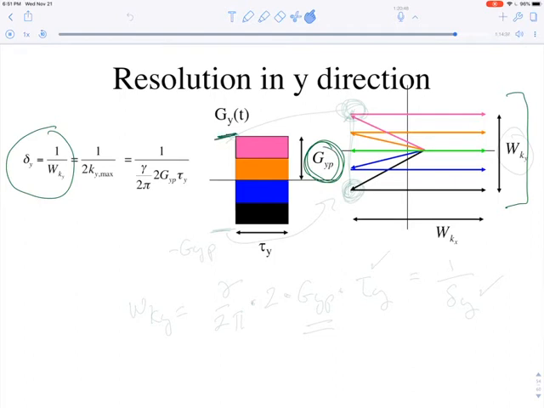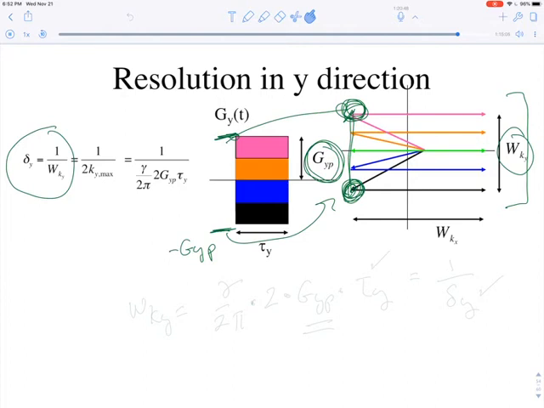This is the maximum gradient, and let's say we're symmetrical, so the negative would be minus GYP. If I apply the maximum one, it's going to move me out to this part in k-space, and this one will move me out to this part in k-space. So the span between these two is my delta ky.